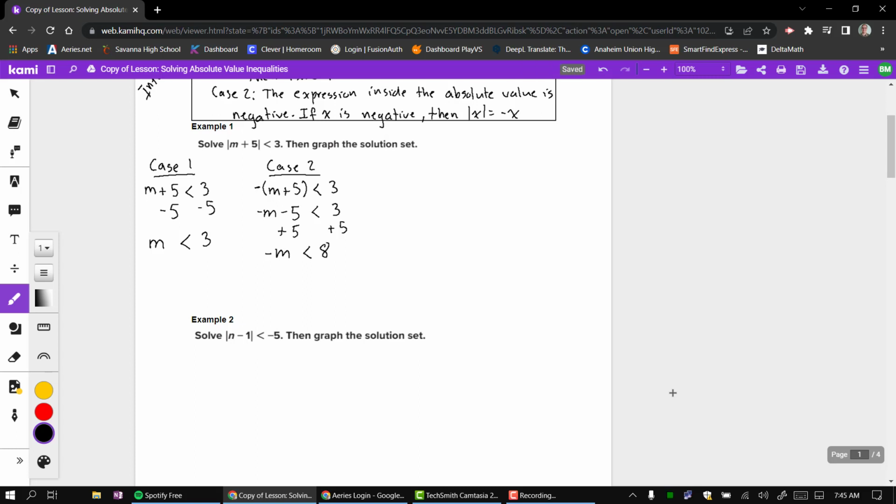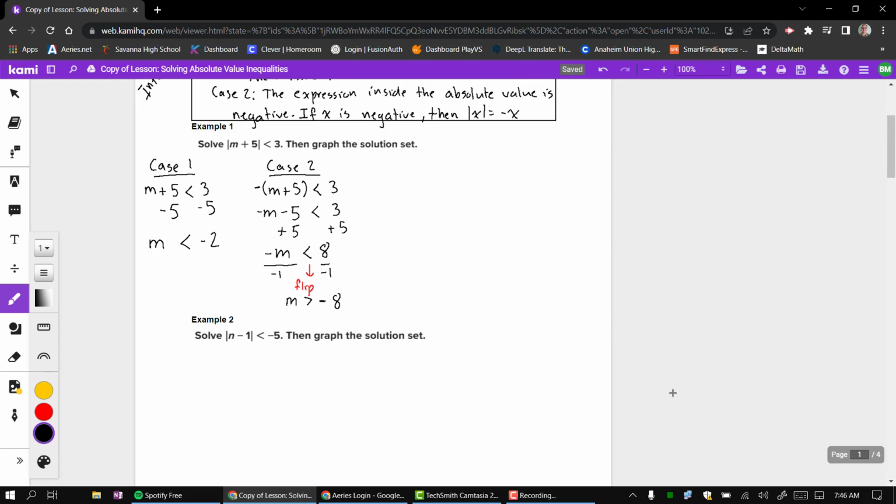Oh, this isn't negative 3, sorry. This is going to be negative 2. Now I'm going to divide through by a negative 1. Since I'm dividing through by a negative 1, I'm going to flip this sign. So when I do, that's going to give me m is greater than negative 8.